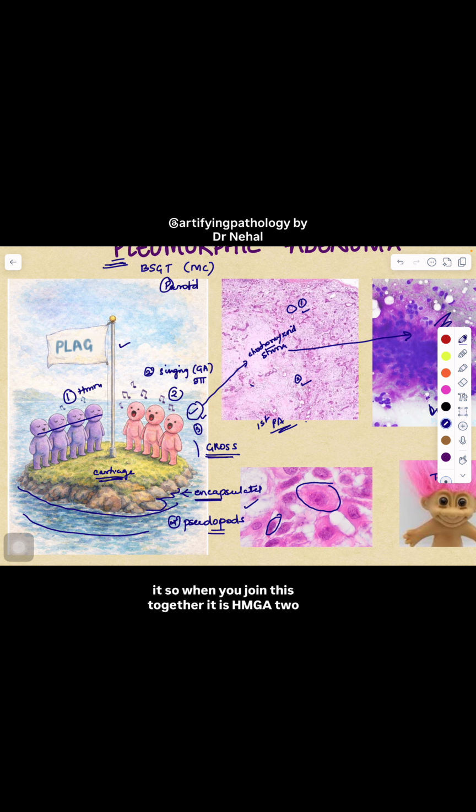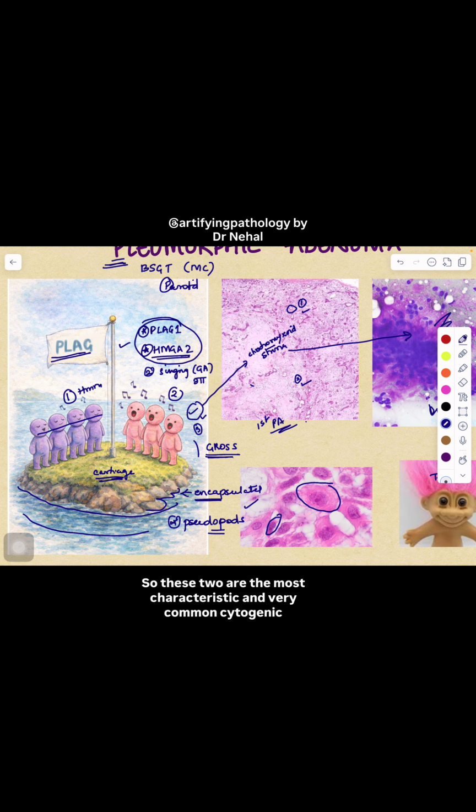So when we join this together, it is HMGA2. So this is one cytogenetic abnormality which is seen in pleomorphic adenoma. The second is here, the flag for PLAG1. So these two are the most characteristic and very common cytogenetic abnormalities in pleomorphic adenoma.